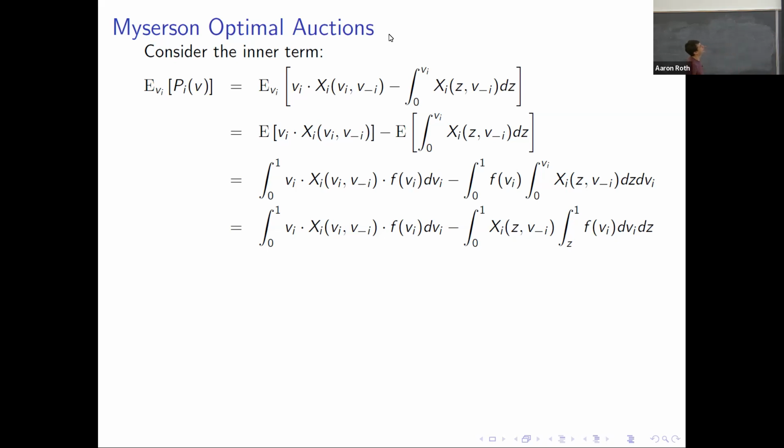Well, I encounter that for every value of vi that is bigger than 1/2, because here I'm integrating from 0 to vi. If I'm integrating from 0 to something less than 1/2, I never encounter v equals 1/2. But for every vi bigger than 1/2, I do. So to get the same set of terms to match up, for every z, I would have encountered xi of z times v minus I for every value of vi bigger than z. So to make sure I have the same integral, I have to integrate from z to 1.